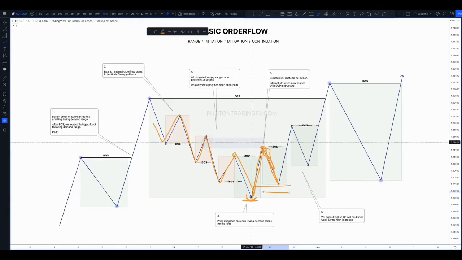So you can short from these old supply zones that are potentially nested within here. Just draw it on, right? Over here. There'll be another one here. And again, you can short it, but you have to manage your expectation of what you are expecting this old supply zone to achieve. We're just expecting it to facilitate a pullback into this current active demand range, right? And then we want to look to catch that strong higher low to target the weak internal high.